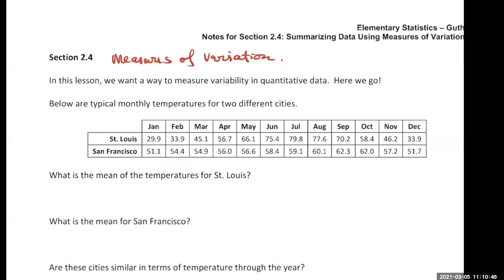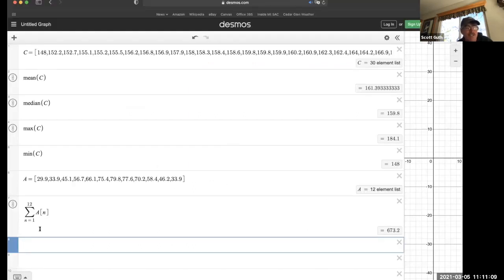I did the first part, A equals and all the numbers. And then for the second part, to sum everything up, I type in sum. Let me show you what I did again. I did the same thing. So you can see what I did. There are 12 numbers this time. If you type sum, you get this symbol for summation.